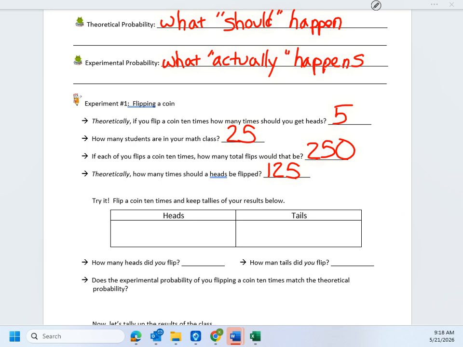So if you are doing this at home, because we have a couple of friends not here today, find a coin, and you can flip just like we are in class, but we are just recording what people in class get. I do need these coins back for next year's group. I use these coins every year. So you are going to put tally marks for how many times you flip heads, how many times you flip tails.